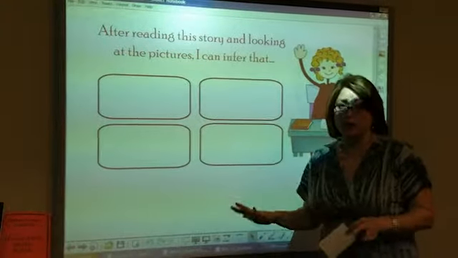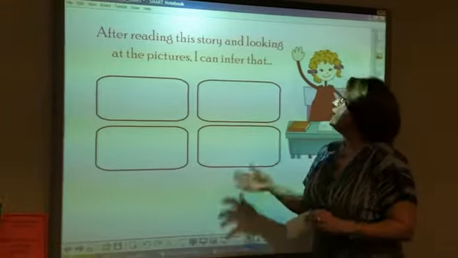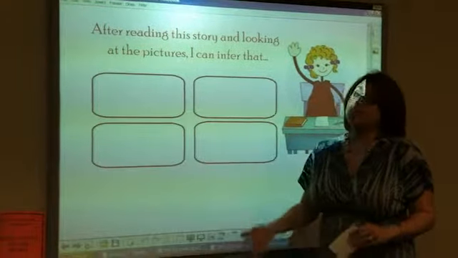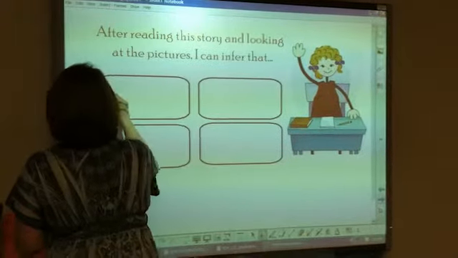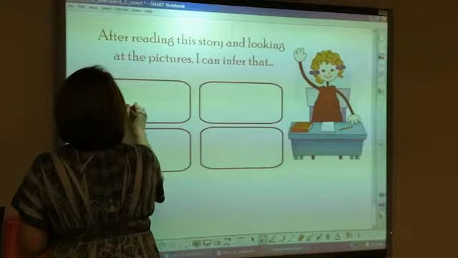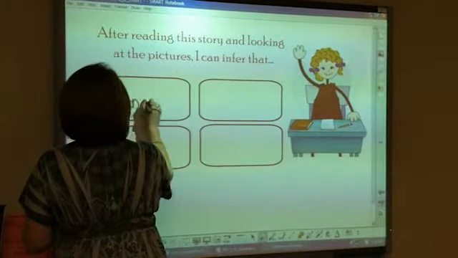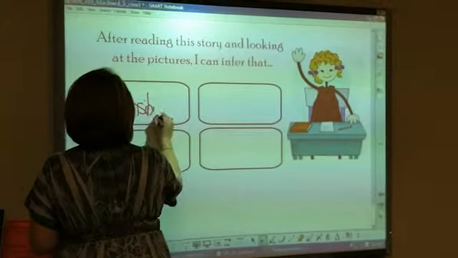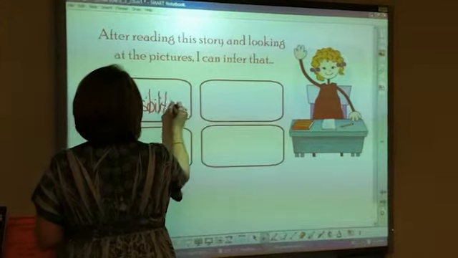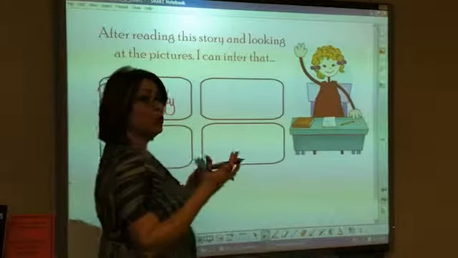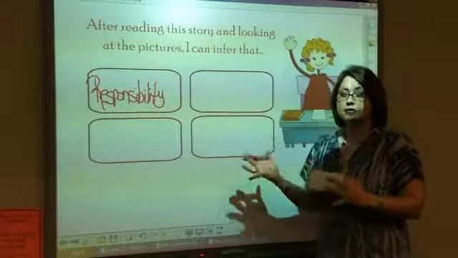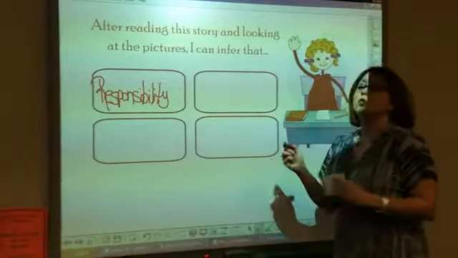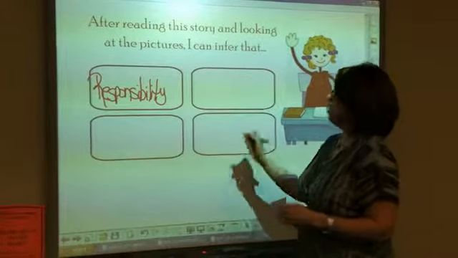After reading the story and looking at the pictures, we can infer that the major problem was with responsibility. And one of the major responsibilities that Brother and Sister Bear had a problem with was caring for the dog.